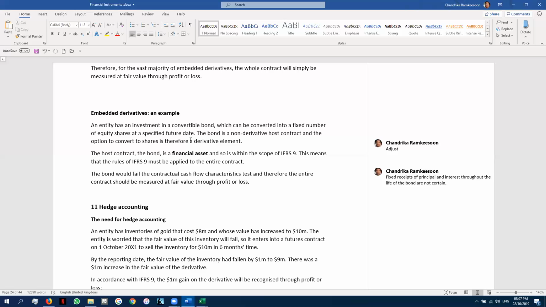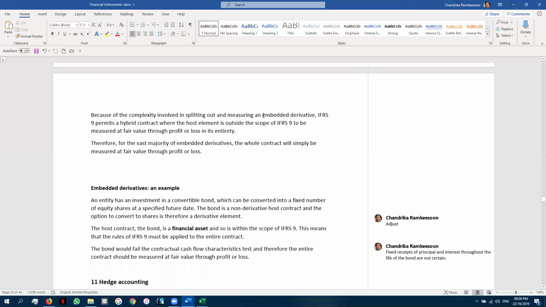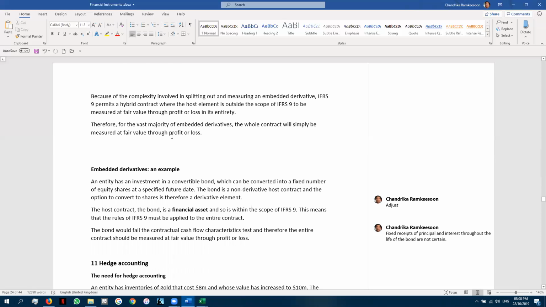Now, if for some reason the host was not a financial asset, remember you were told here that because of the complexity involved in splitting out, IFRS 9 permits the hybrid contract to be measured at fair value through P&L in its entirety.